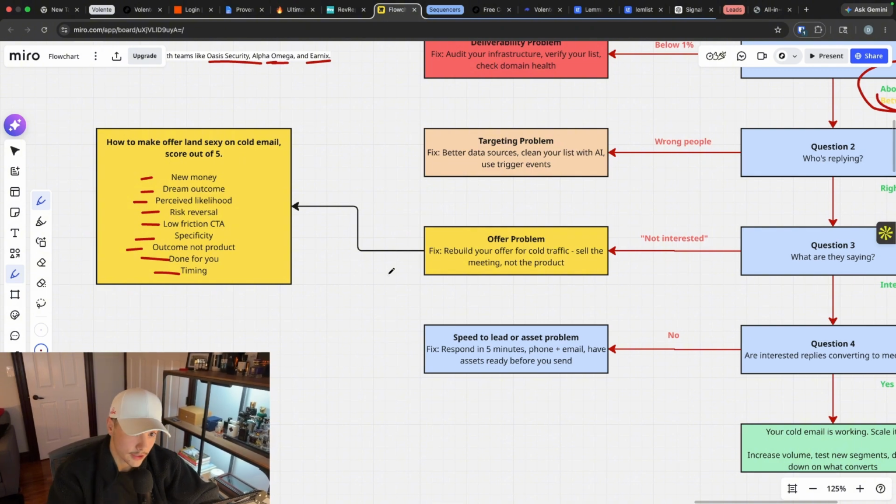That's another skill you have to learn: taking dull, dense, boring offers and making them 10 times sexier. And that obviously comes with experience. When you get a feel of what works and what doesn't, you can get a feel for what is going to rip and what is actually going to work.